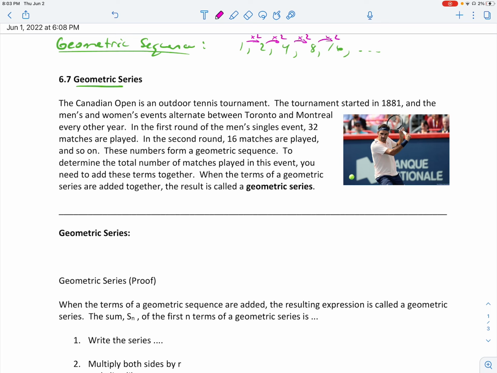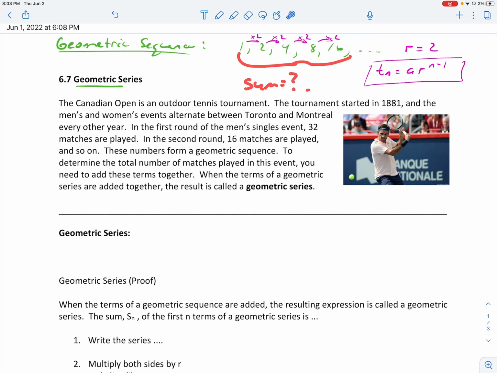And our explicit formula could be written as T of n equals a times the common ratio to the exponent n minus 1. So now, how do we add up all these terms in the sequence if we're looking for the total? That's what we're going to focus on doing today.